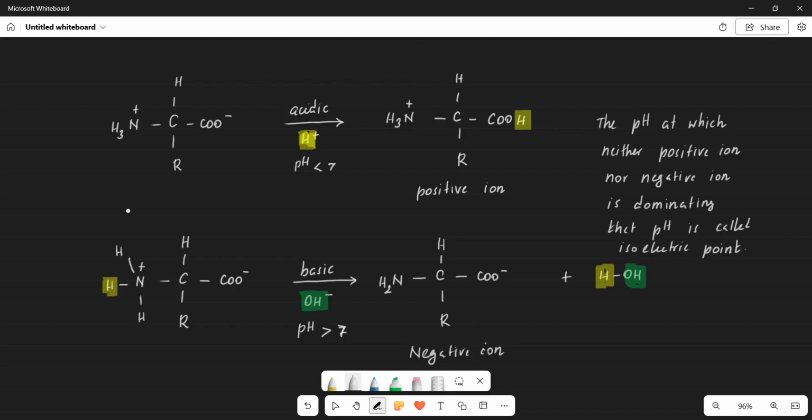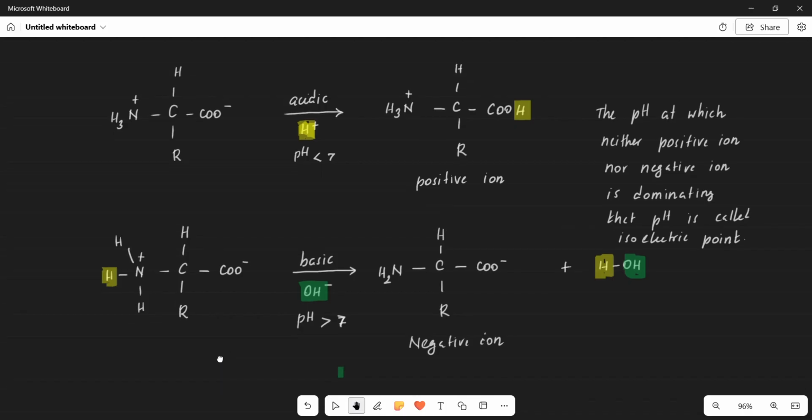Every amino acid is going to have a particular pH. It's not the same. A particular pH at which neither the positive ion dominates nor the negative ion dominates, and that pH is called the isoelectric point. So we have done almost 2/3 of the amino acids part.